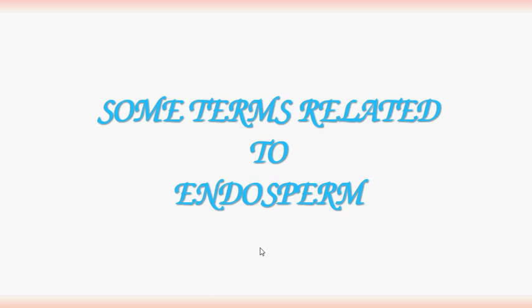Some terms related to endosperm. Ruminate endosperm. Mature endosperm with irregularity and unevenness in its surface is called ruminate endosperm.